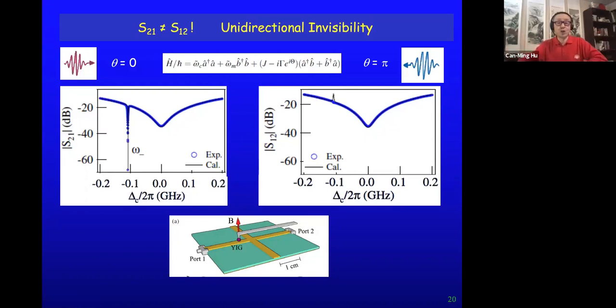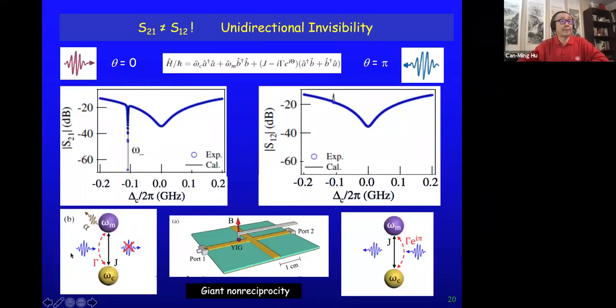The damping becomes very large, and the transmission is no longer minus infinity, which means if you look at the frequency of this magnon mode, at that frequency, the microwave going from port 1 to port 2 will not be able to pass the system because the transmission is 0. But if you do it reversely, sending microwave from port 2 to port 1 at the same frequency, now the microwave goes through.